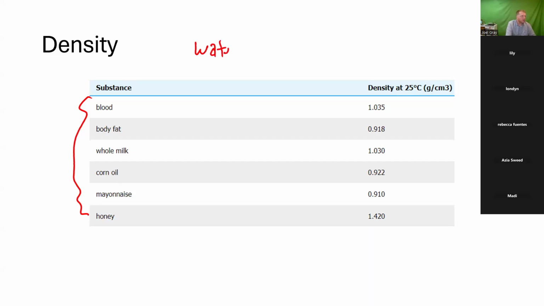Water, and this is a number that I want you guys to remember, has a density of 1.00 grams per milliliter. Now, notice this right here. The label for this column is grams per cm cubed, or cm3.